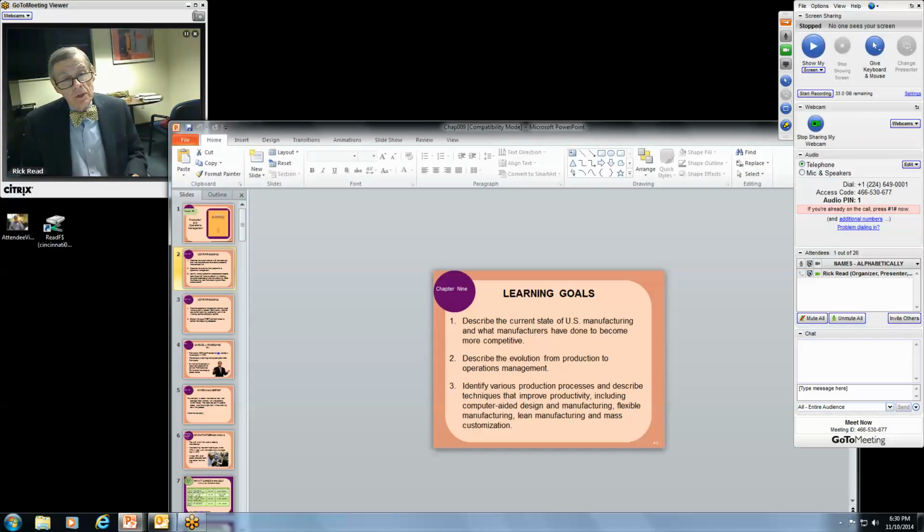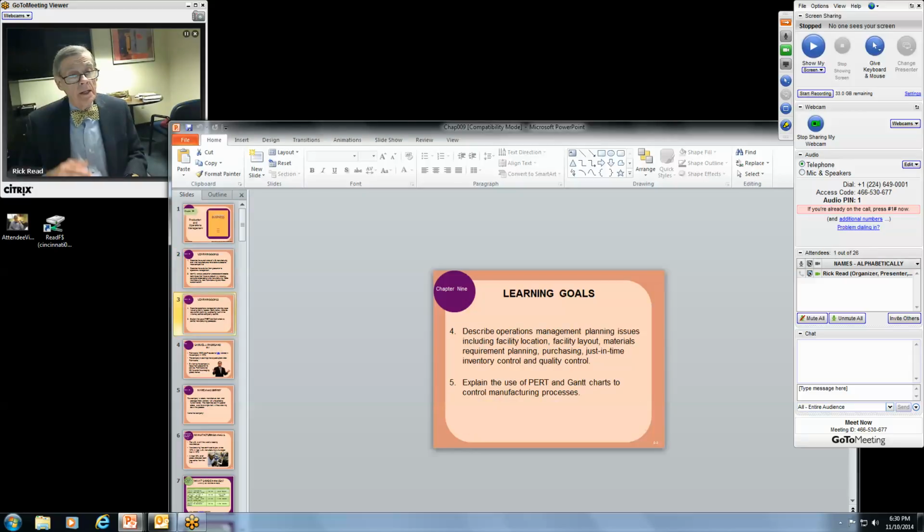Identify various production processes and describe techniques that improve productivity, including computer-aided design and manufacturing, flexible manufacturing, lean manufacturing, big deal these days, and mass customization.